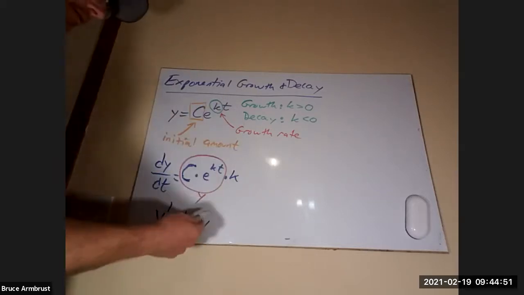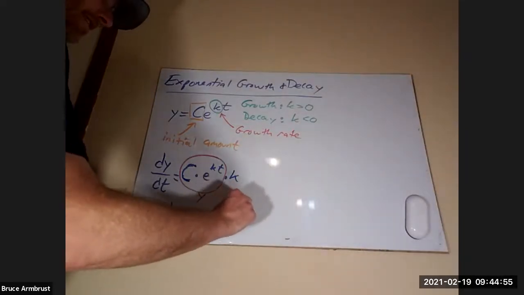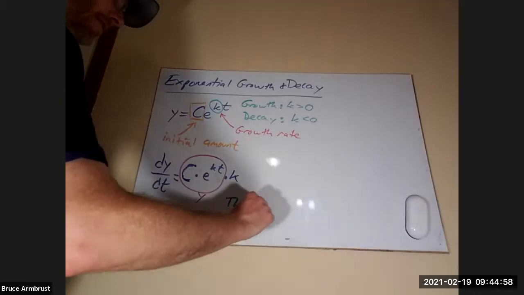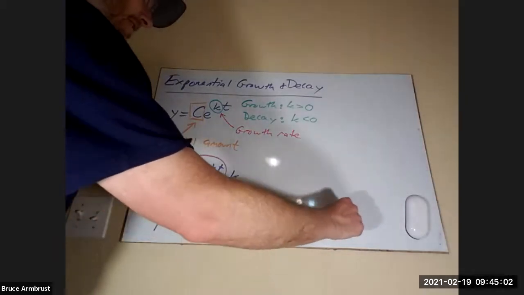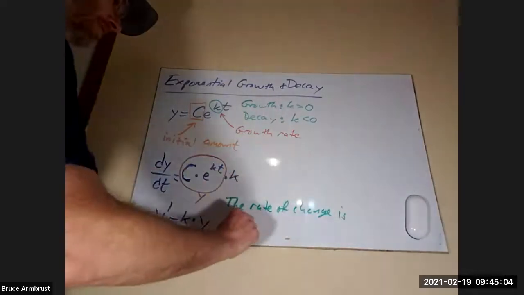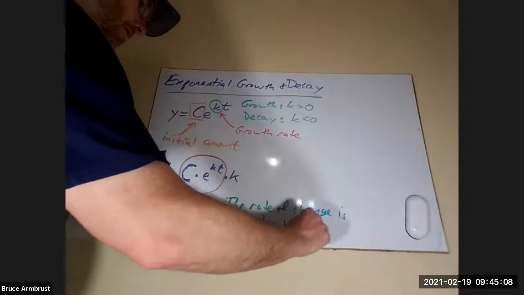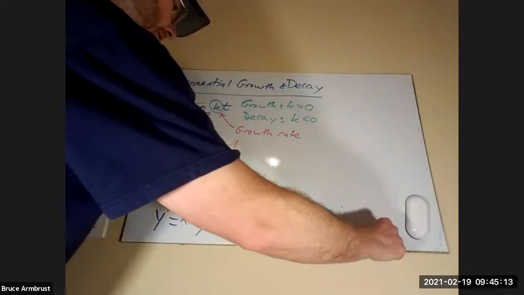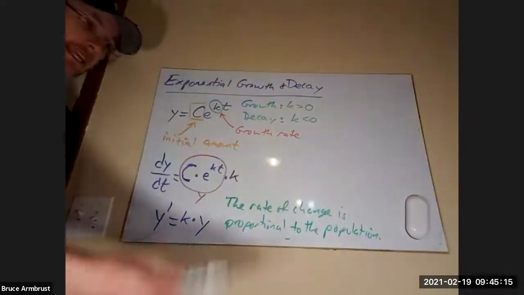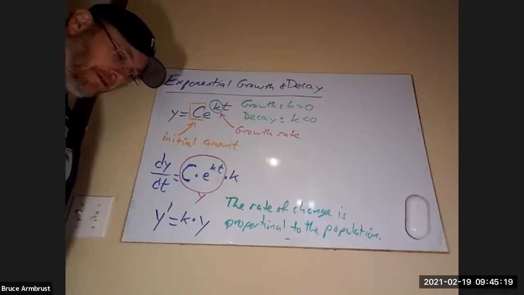Well, in words, what this means is that the rate of change is proportional to the, and I'm going to put here, population. And it literally can be population if we're going to talk about counting the number of people or critters.